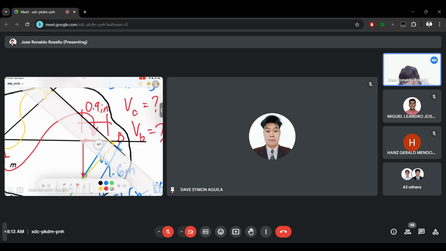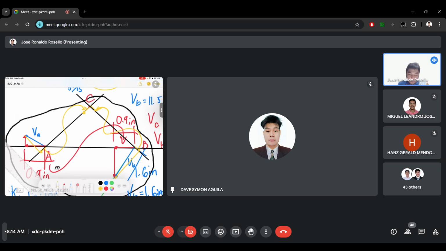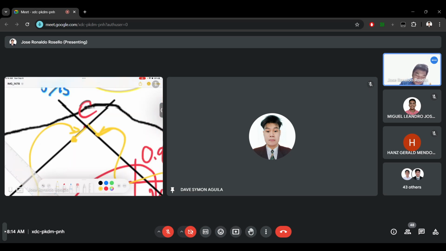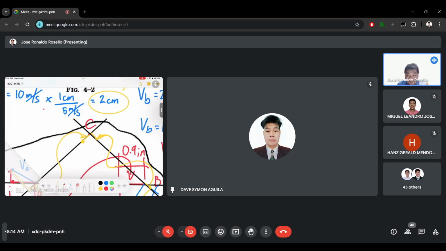Now we go to the discussion that we have on the, we will be utilizing the same. Okay, so let's copy here. Go back to, so we now have other components. We have components of velocity C with reference to point A. We have components of velocity C with reference to point B. Now, they are both going down.